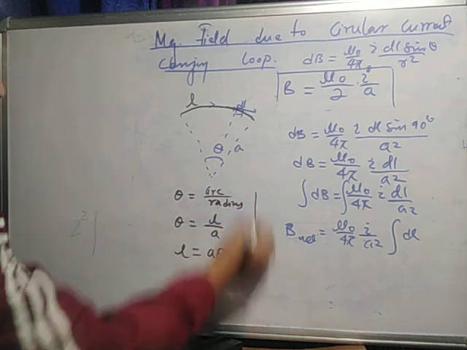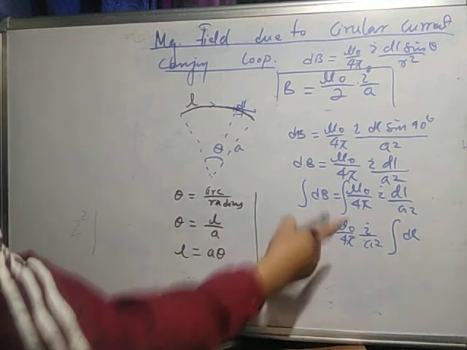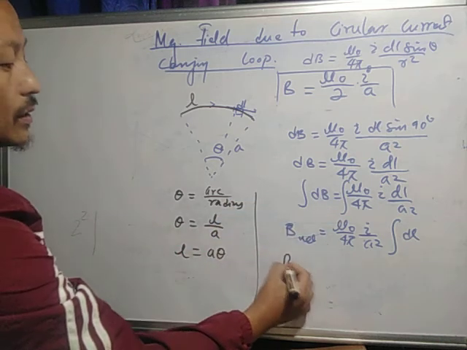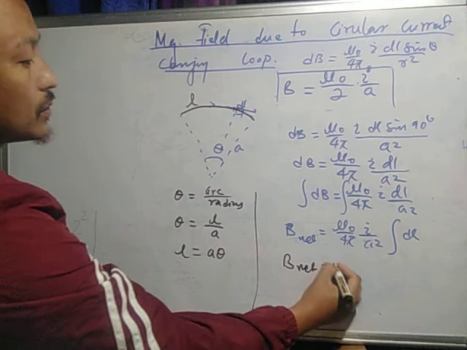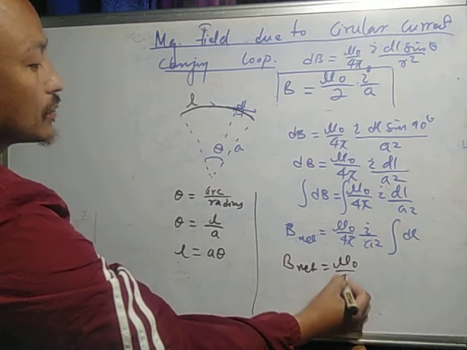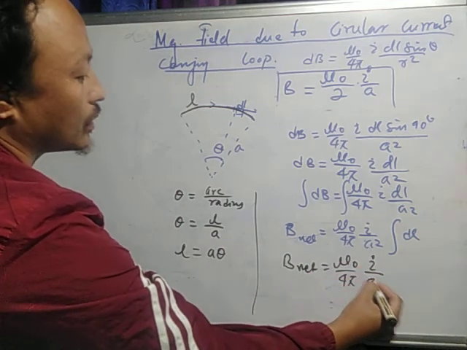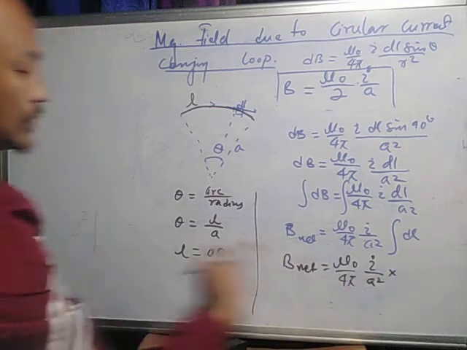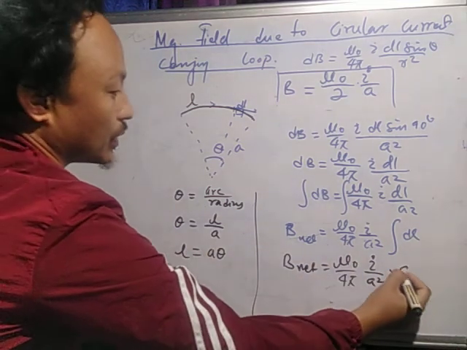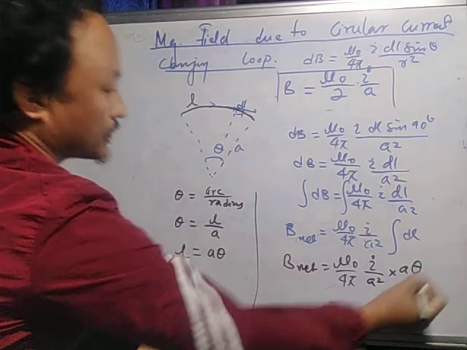Look carefully. So now put it there. So B net equals to mu naught by 4 pi I by a square into this L, so a theta.